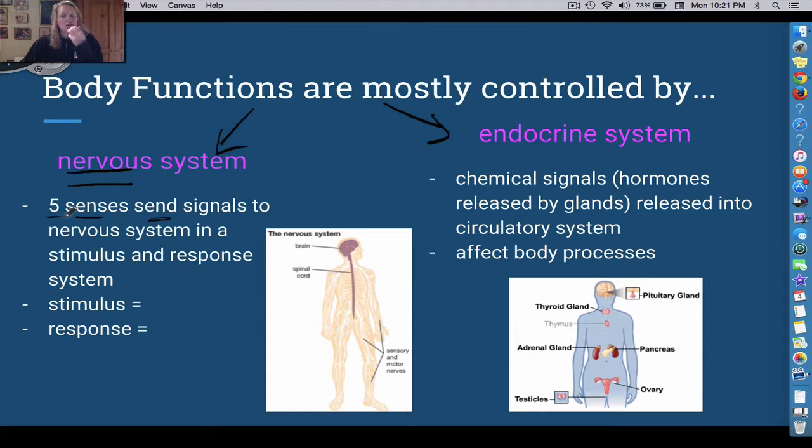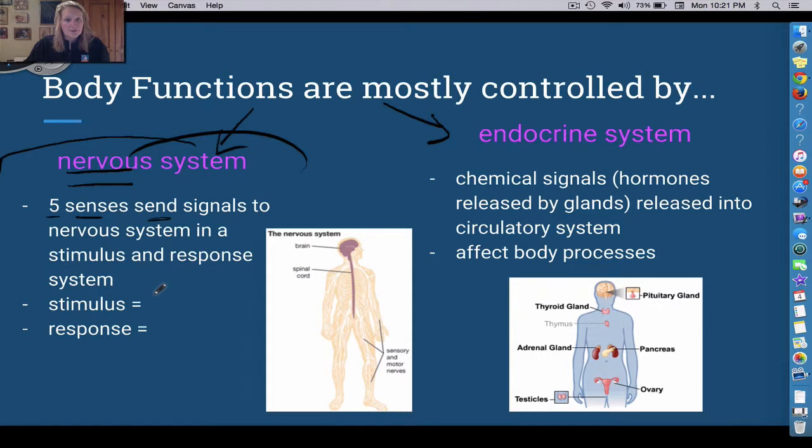So five senses, you know, smell, taste, touch, sight, and sound. There we go. The five senses send signals to the nervous system, and then there is a stimulus and response. So the stimulus occurs, and then your body responds in such a way, and so it needs the nervous system to have that response.